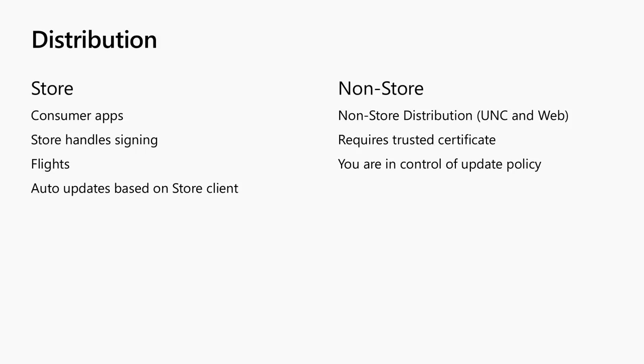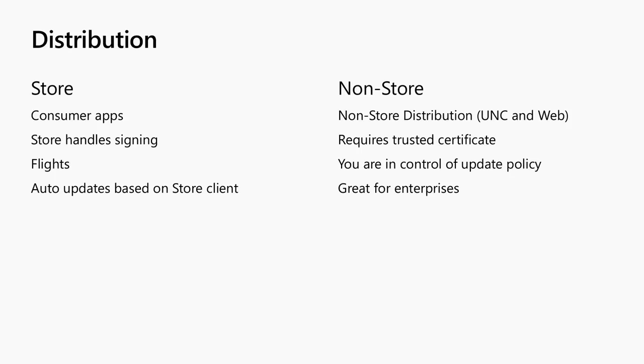You can define that kind of policy. Or maybe you prefer to update with a background task every night or every morning or whatever. All of this can be customized with the app installer file, where you can configure your update policy. And this is a great option for enterprises if they want to distribute applications outside the store.